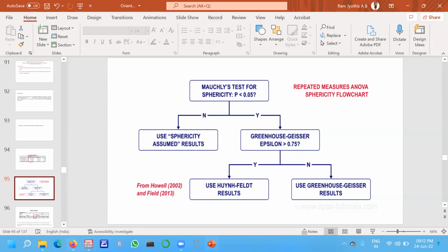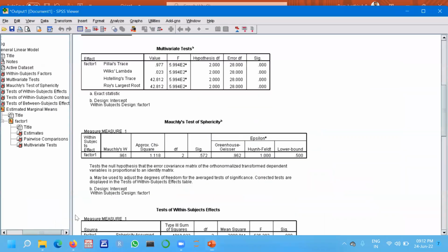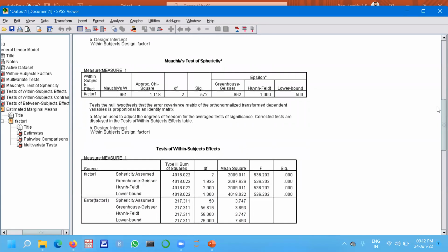See, in our data, Mauchly's test of sphericity is not less than 0.05, it is more than 0.05. So what we have to do is assume the sphericity. This one we have to take and see the significance level.